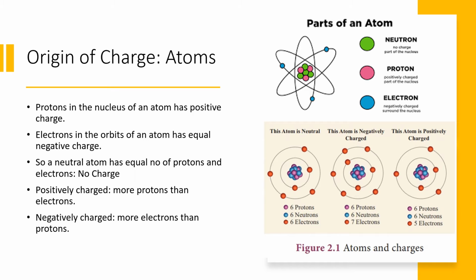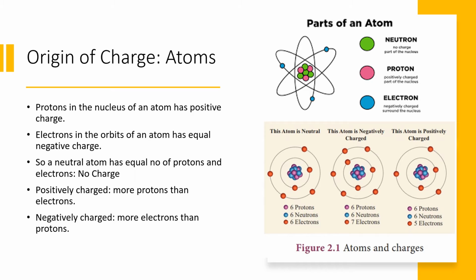So what's the origin of charge? That actually comes from atoms, which are the fundamental unit of matter. To visualize an atom, it simply has two parts. The center part is the nucleus, and the nucleus has neutrons and protons, where the proton has positive charge and the neutron is neutral, so it doesn't have any charge.